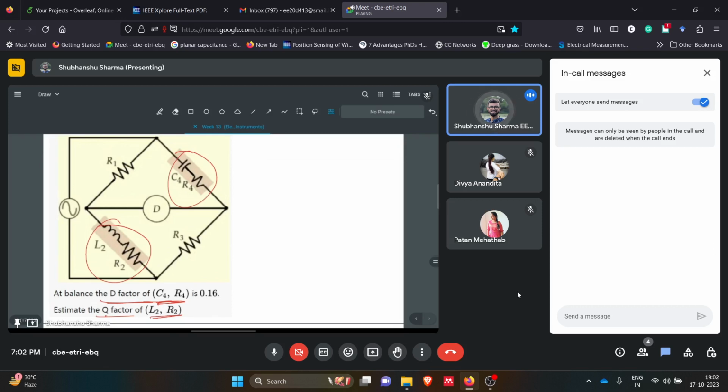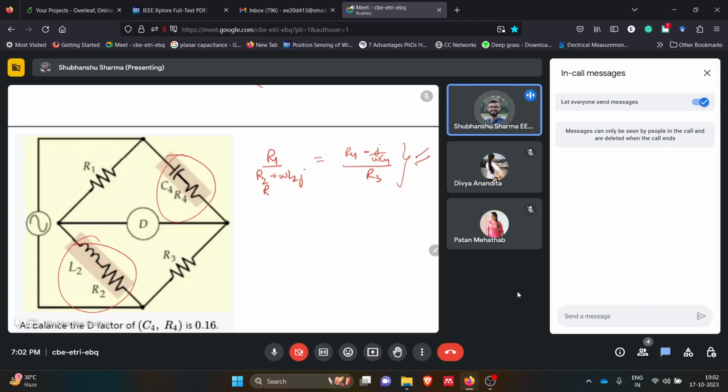The second thing will be balancing this circuit. So R2 plus j omega L2 equals R4 minus j by omega C4, divided by R3. If you start directly solving from this part, you will be in a difficult situation, because this will become complex.